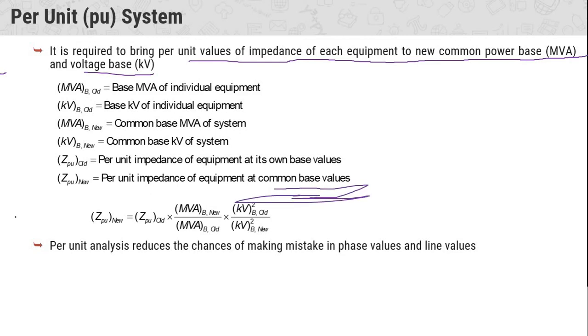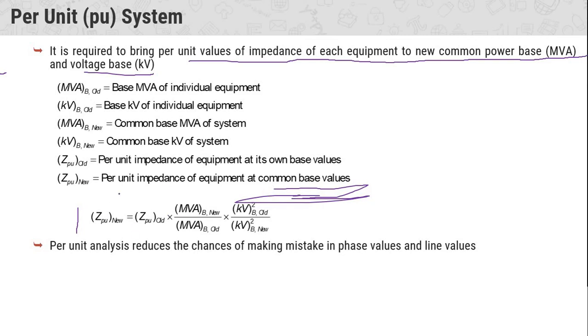Please always remember this equation for calculating examples: ZPU new is equal to ZPU old into MVA base new upon MVA base old into kV base old square upon kV base new square. Per unit analysis reduces the chances of making a mistake in the phase value and line value.